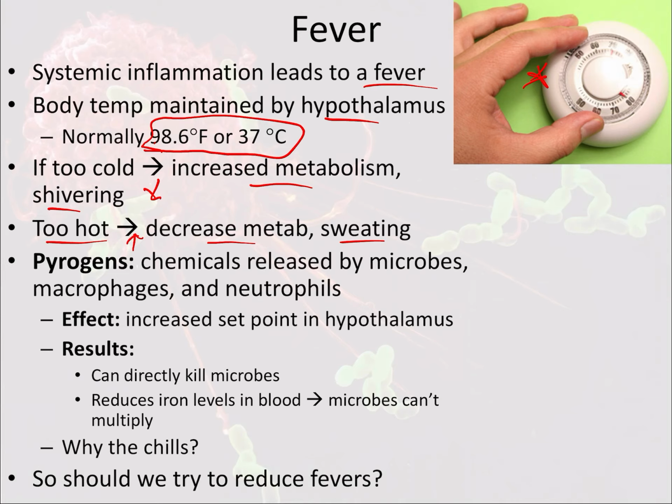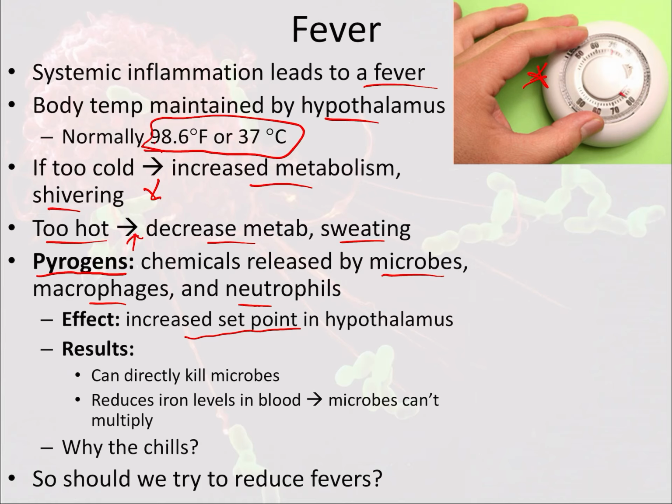So what causes the fever are chemicals called pyrogens, which can be released by bacteria, other microbes. They can also be released by our immune cells that are interacting with the antigens. And the effect of this is that it increases our set point of temperature in the hypothalamus.